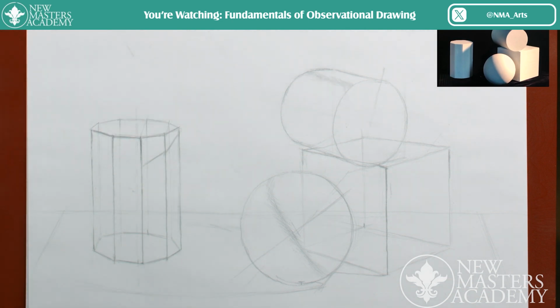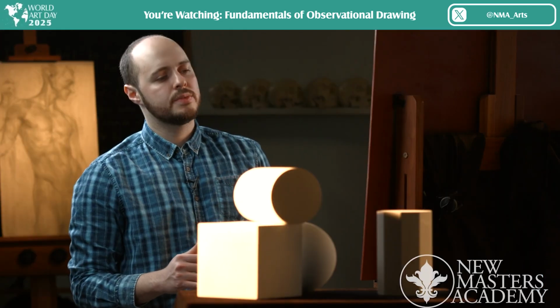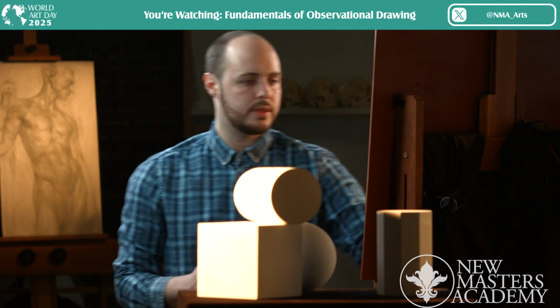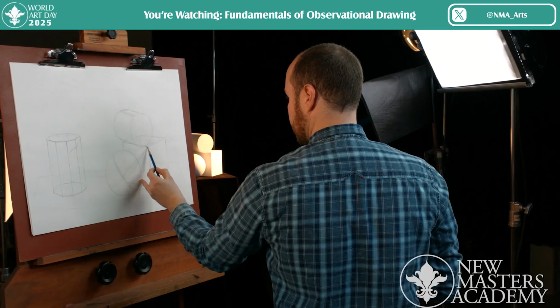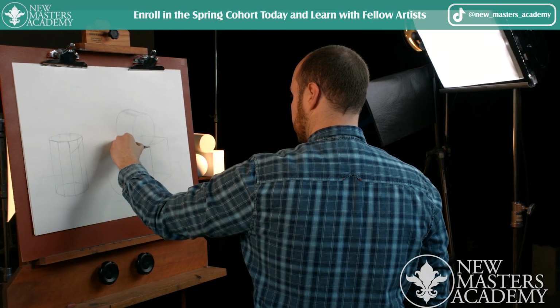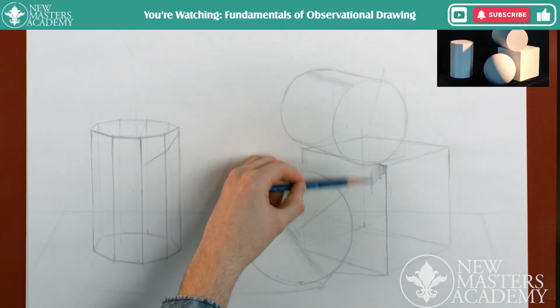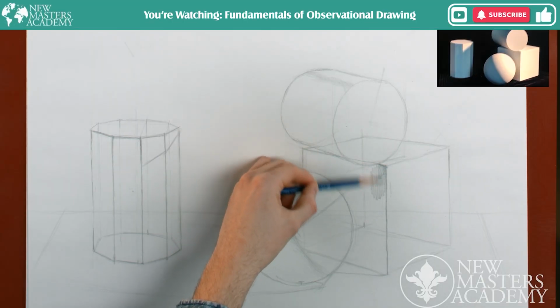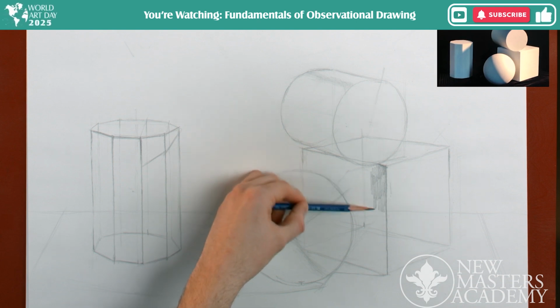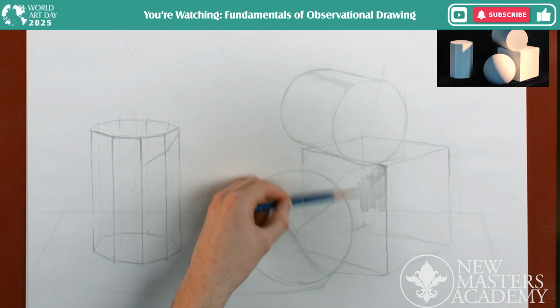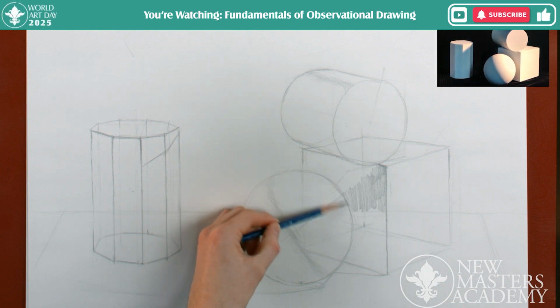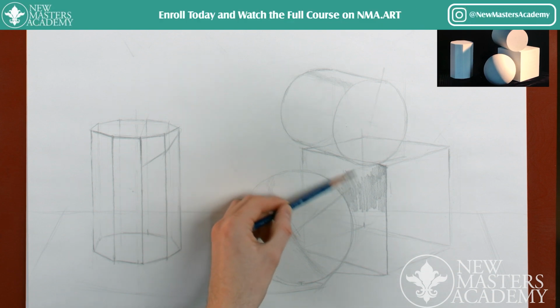Okay. So now that everything's in place, let's begin with our shading. So once again, we will begin with the closest object. And at the moment, I wouldn't worry about any variations within the shadow.